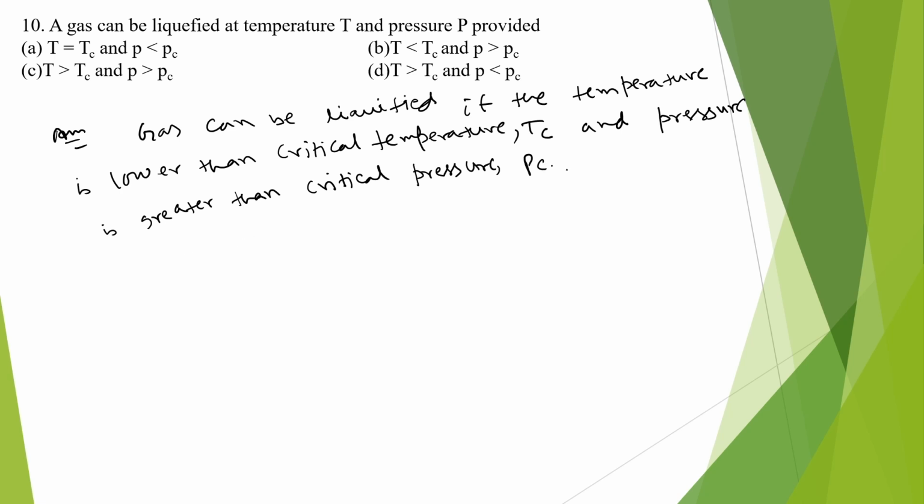So, gas can be liquefied when T is less than Tc and P is greater than Pc. So, option B is the correct option.